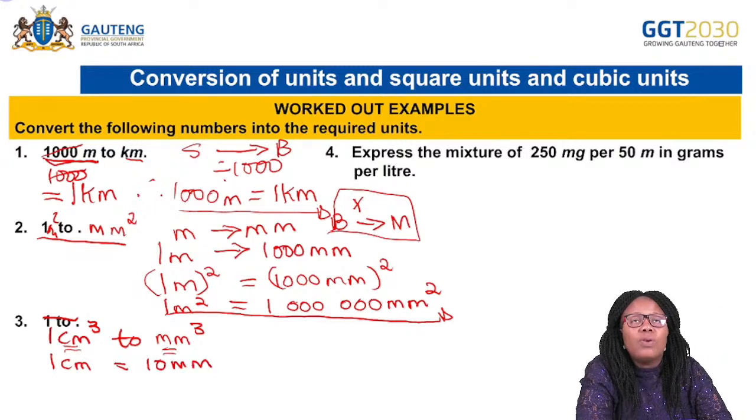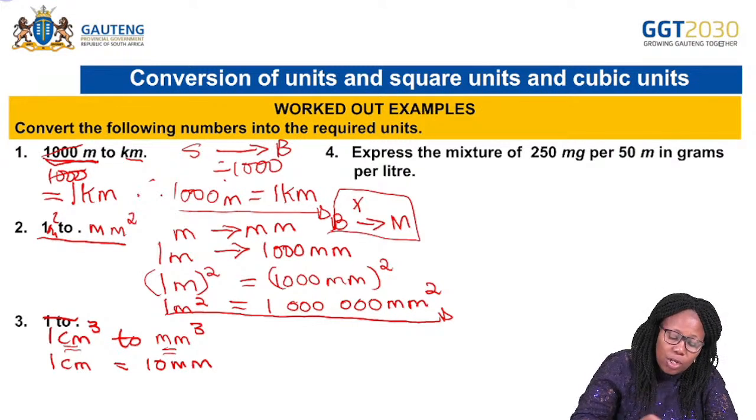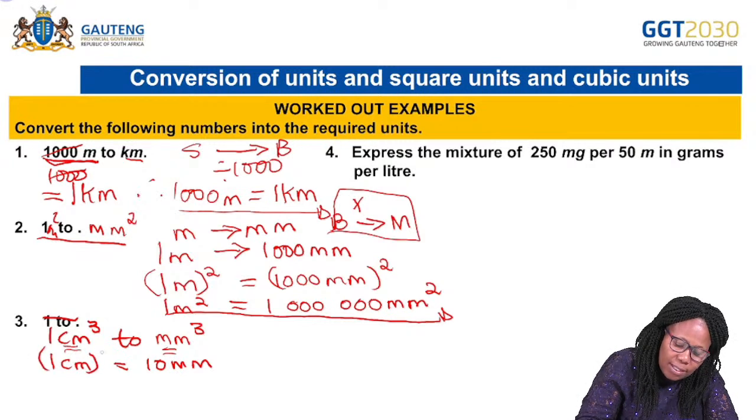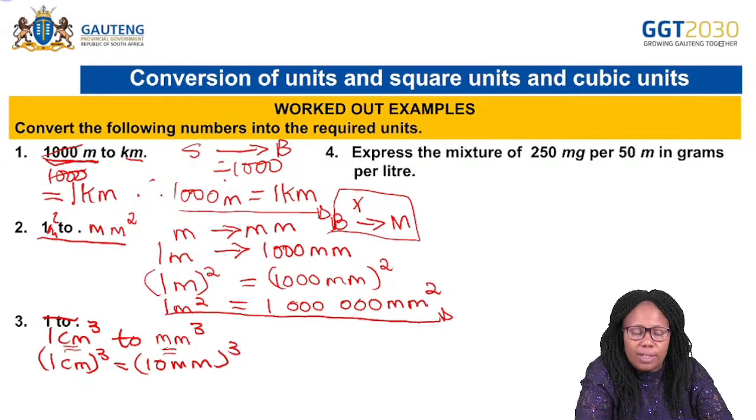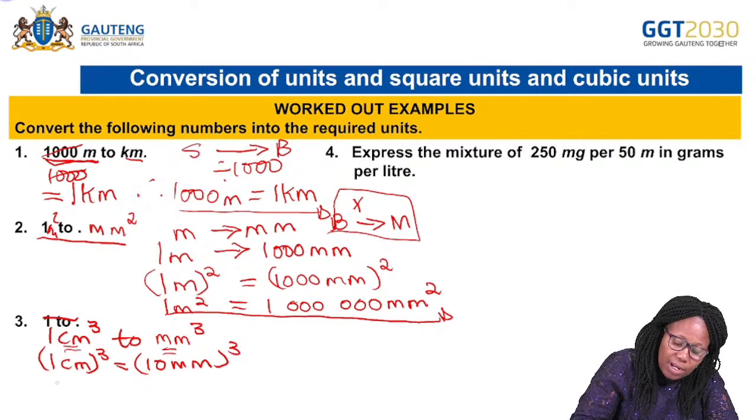But in this case, we are looking at the cubic centimeters, not a centimeter, right? So to get a cubic centimeter, we are going to cube each side now. Okay, cube that side. We also add the cube to the right-hand side. Let's see what will be the final answer now, grade 12.